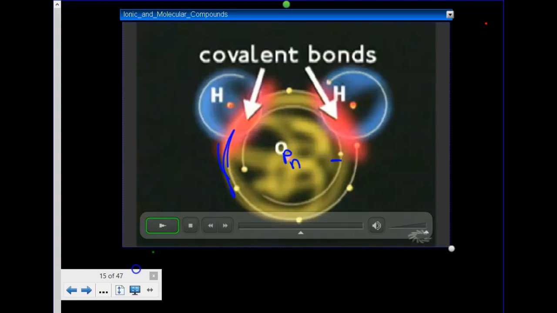In the nucleus, you have your protons and your neutrons. Protons have a positive charge. What happens when you get positive charges next to negative charges? They attract, right?